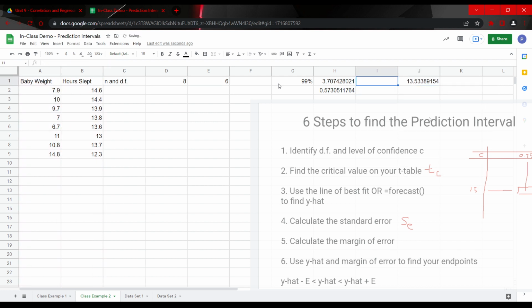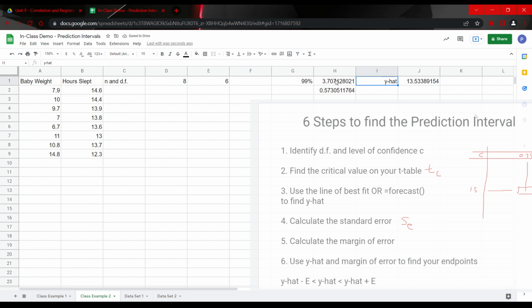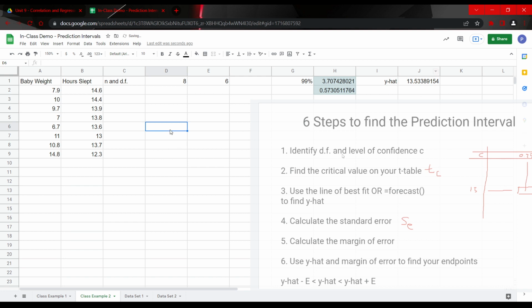So that's my y hat. So far that should be good. These are the numbers that I will multiply. So I'm just gonna quickly label that. And that's the number I'm gonna add and subtract from.